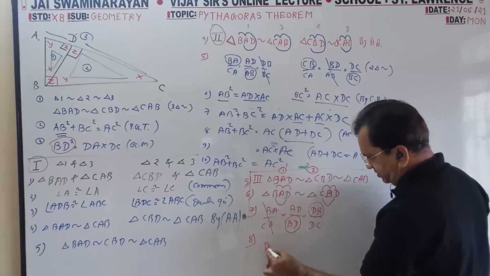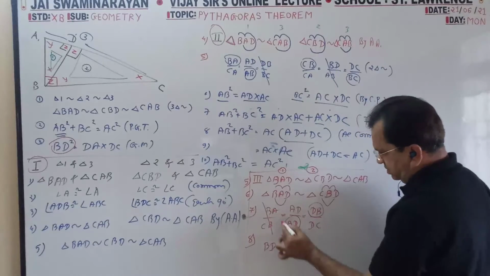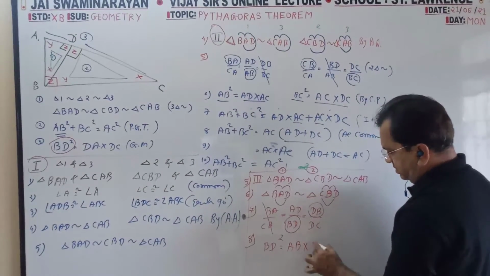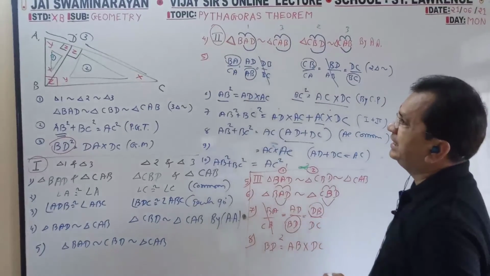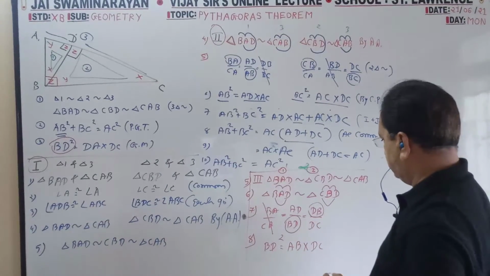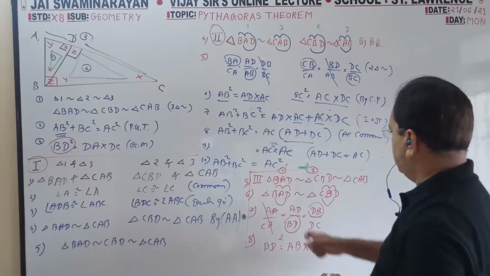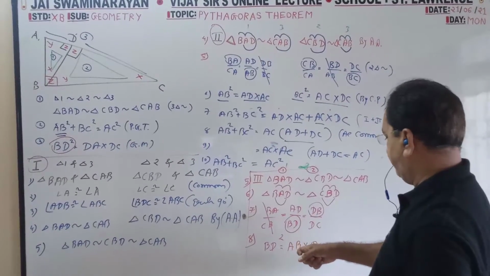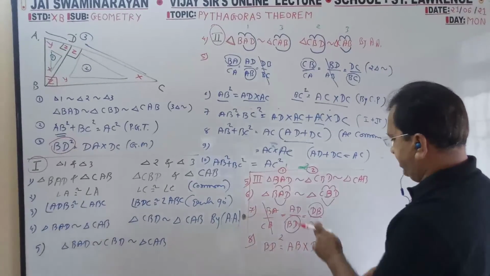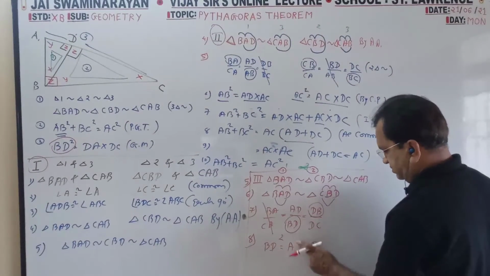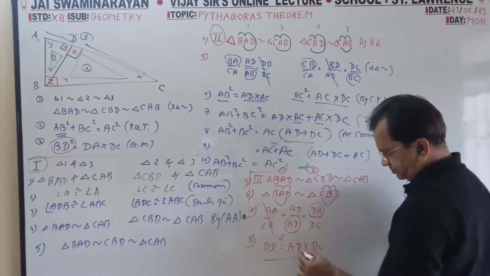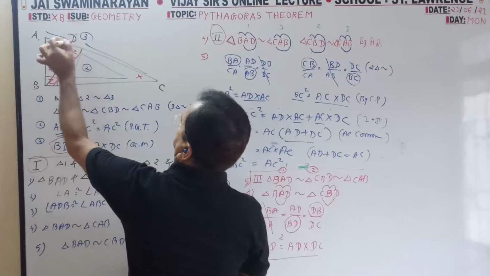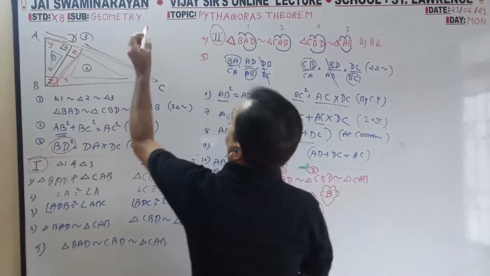BD square, AB... AD into DC, sorry, not this. So now BD square is equal to AD into DC.